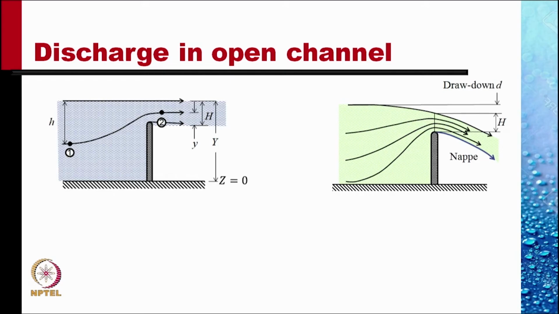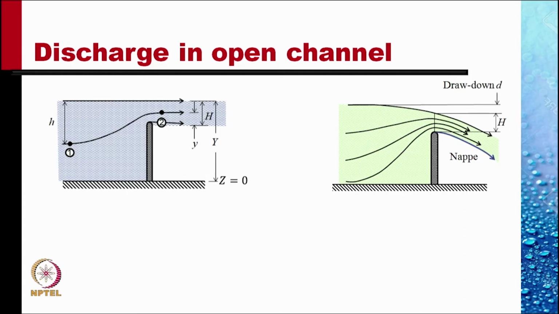Let us consider a streamline within this flow, point 1 to 2. We assume that the width of the channel and height in the main channel is much larger than the height in the flow over the obstruction.